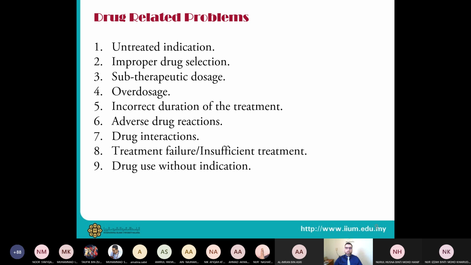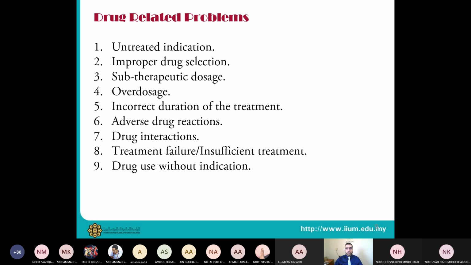Here you also need to know that not all drug-drug interactions are clinically important. If you open any reference, BNF for example, or the Medscape drug-drug interaction checker, you will see a lot of drug-drug interactions. But do we need to take action for all of them? No, unless they are clinically important. And the reference will clearly state whether you need to take action or not.